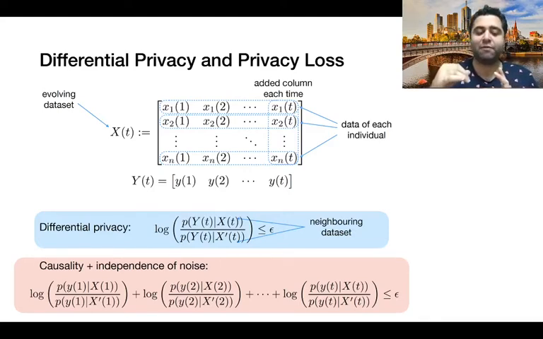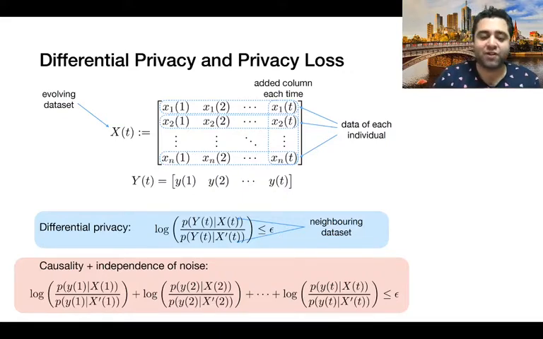Now we look at the probability of observing an output given one of these datasets and the probability of observing the same output given a neighboring dataset. The likelihood ratio of them should be bounded by epsilon, which is your overall privacy budget.